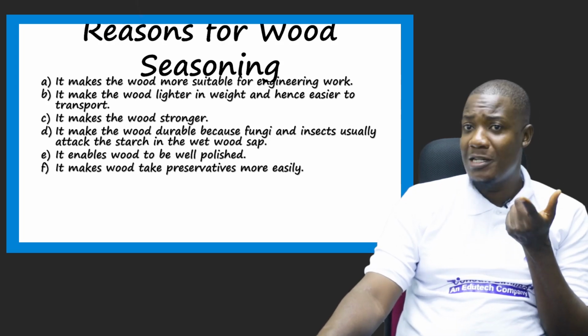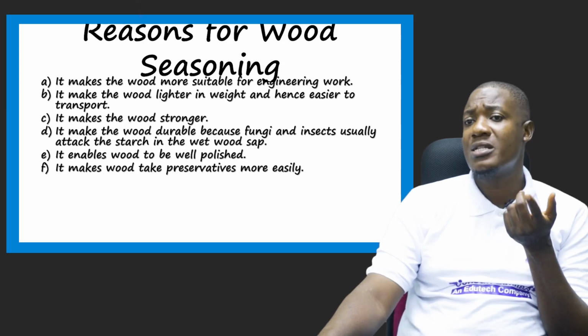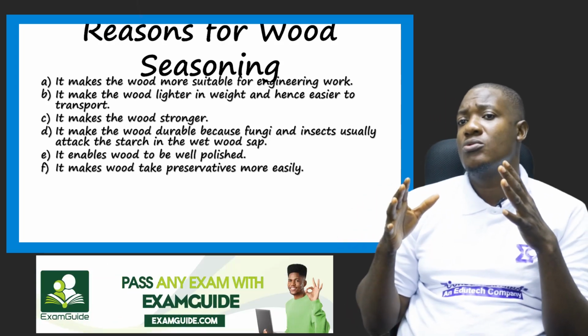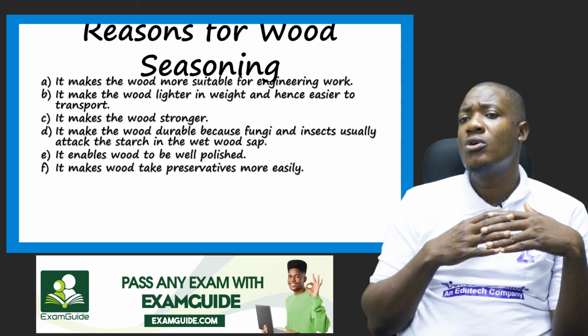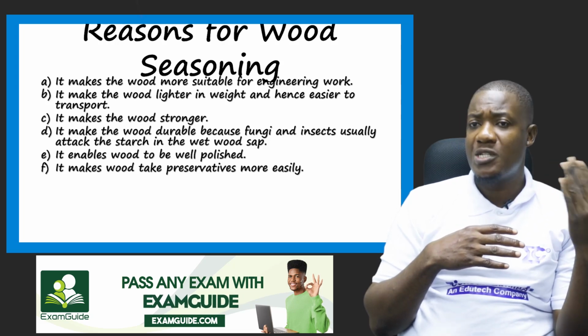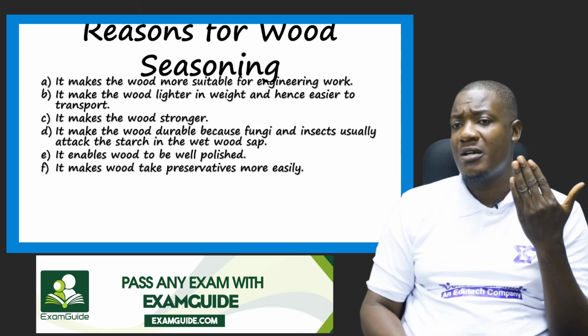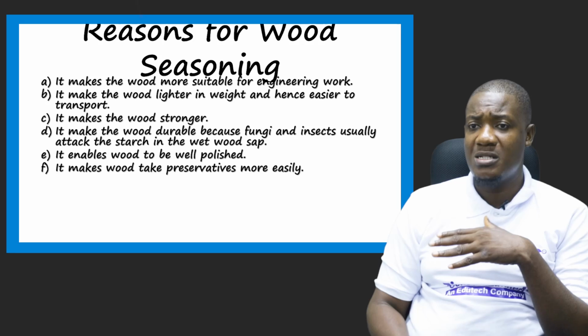We can also calculate the water content of a timber. If you are asked to calculate the water content of a timber, all you need to do is just to weigh or determine the water content before seasoning, and then after seasoning, you determine the moisture content after seasoning.